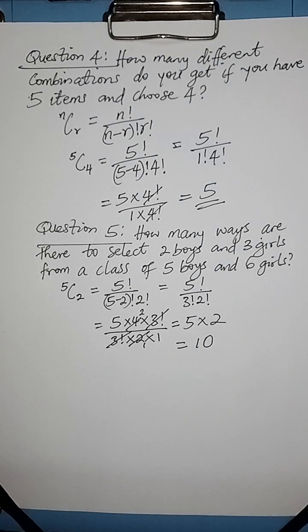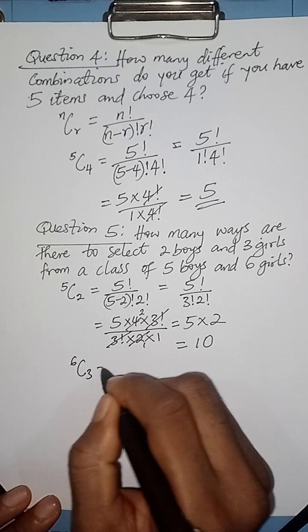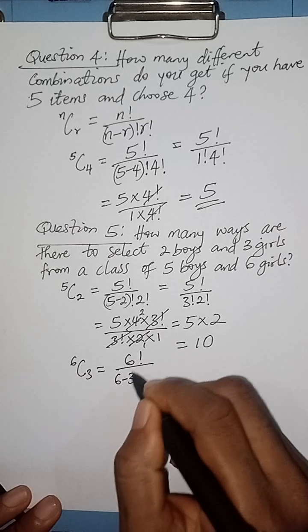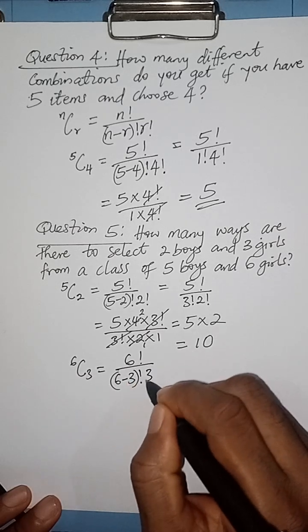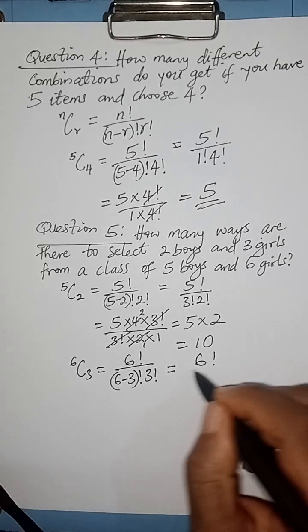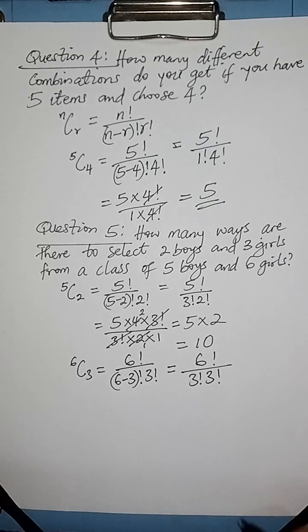Now we'll go to the part that says 3 girls from 6 girls. So in this case, 6 combination 3, which is 6 factorial, divided by 6 minus 3 in bracket factorial, 3 factorial. This will give you 6 factorial, divided by 3 factorial, 3 factorial.